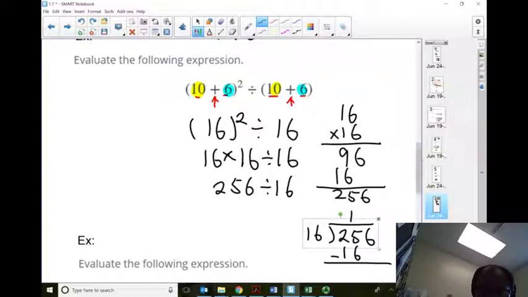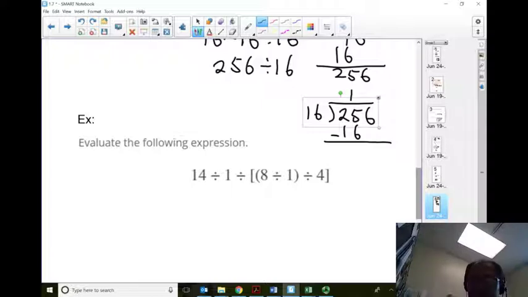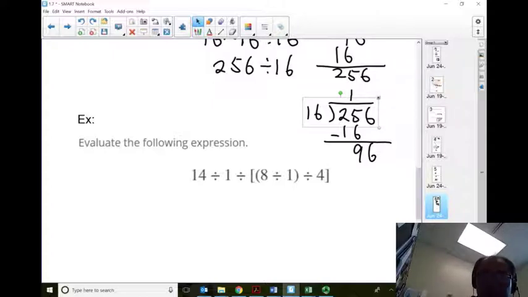If I subtract, let's see what happens. 25 minus 16 is 9. This becomes 1, not a 2 anymore. Bring down. So this is a cool thing. I don't think I ever showed y'all this in another video before.